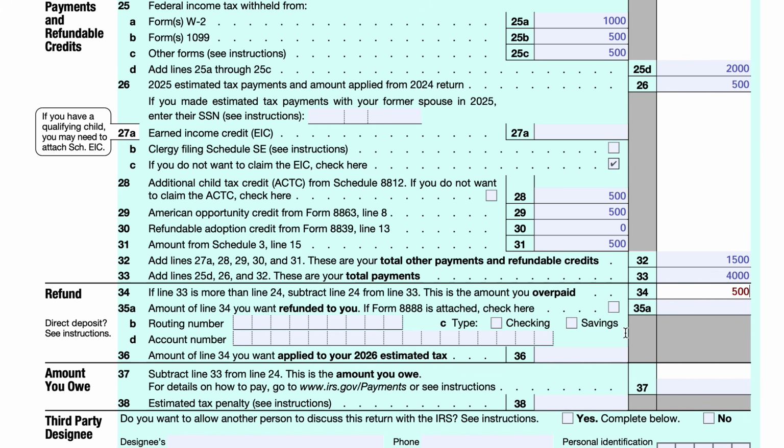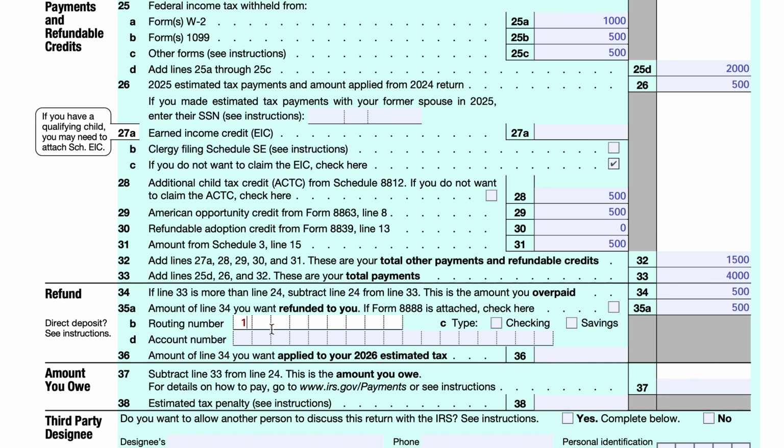According to the instructions, you can have your refund split and direct deposited into up to 3 different accounts. However, you cannot have your refund deposited into more than one account if you file IRS Form 8379. That's the injured spouse allocation. So we're going to go ahead and just enter that we want the entire refund sent to us.